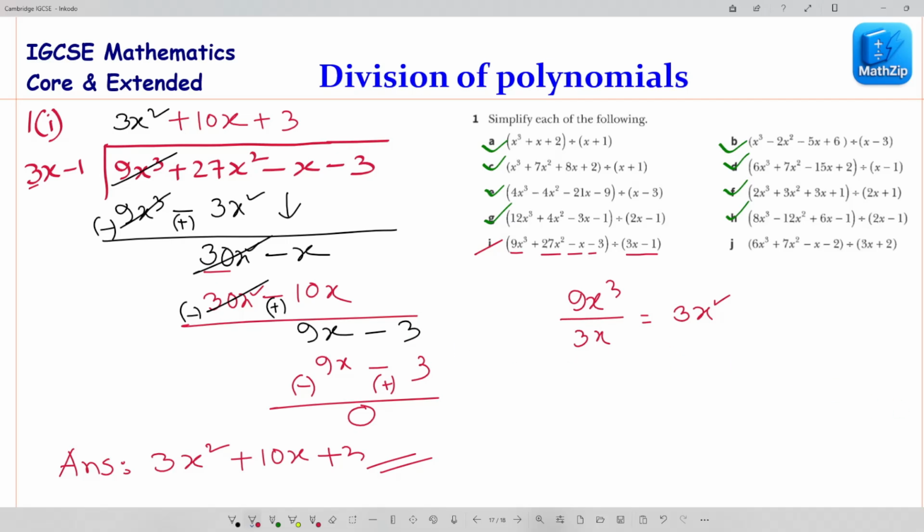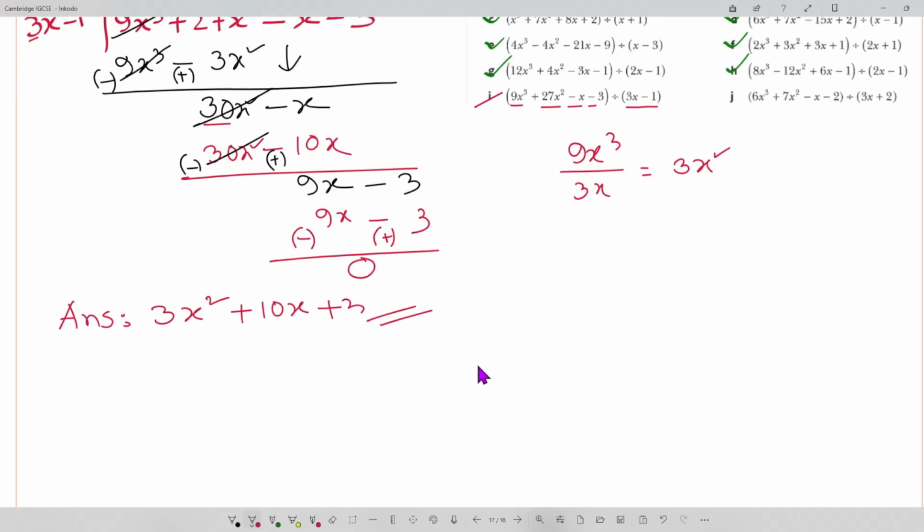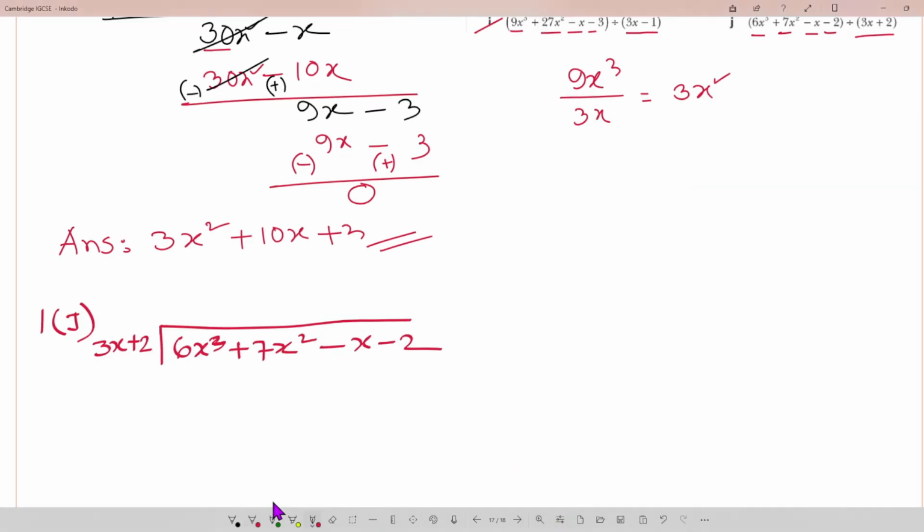And today's last question: 6x cube plus 7x square minus x minus 2 we will divide by 3x plus 2. Here the first term is 6x cube. So 6x cube divided by 3x, we will get 2x square.